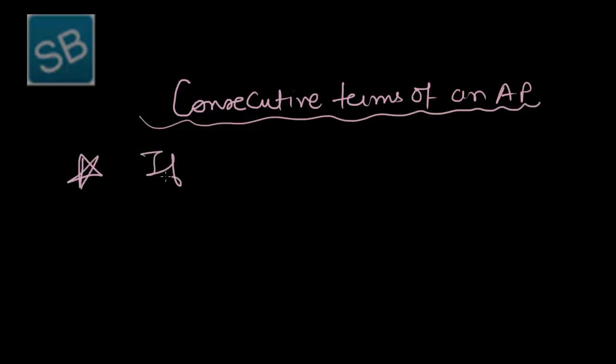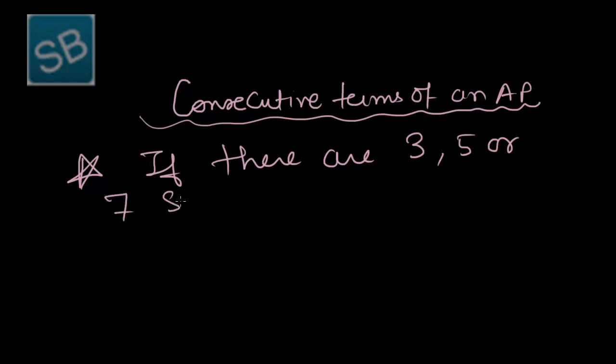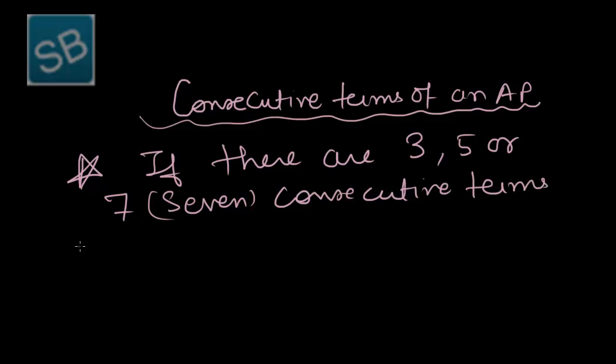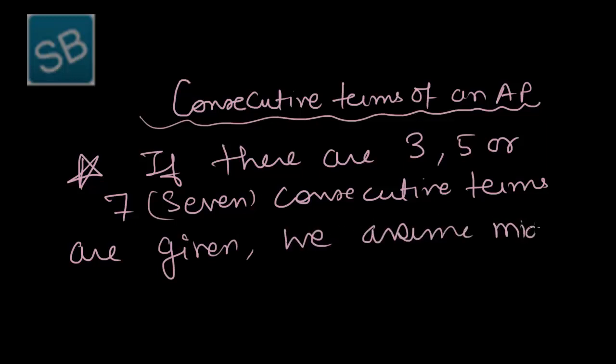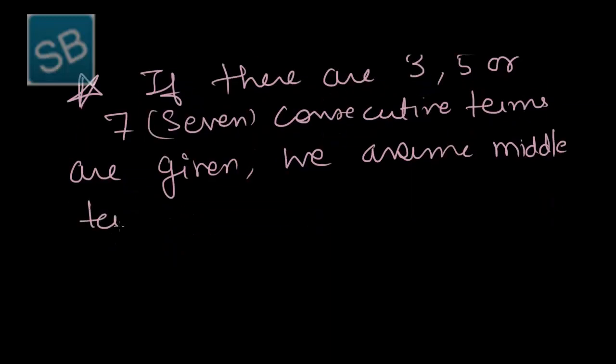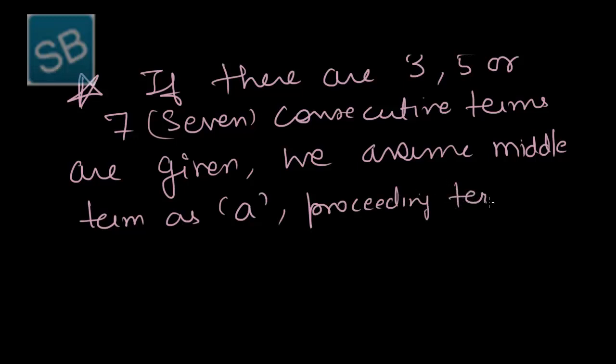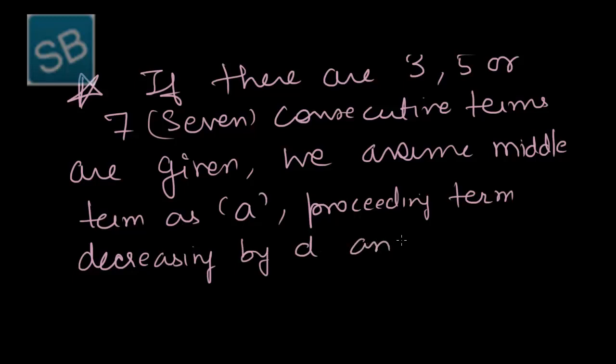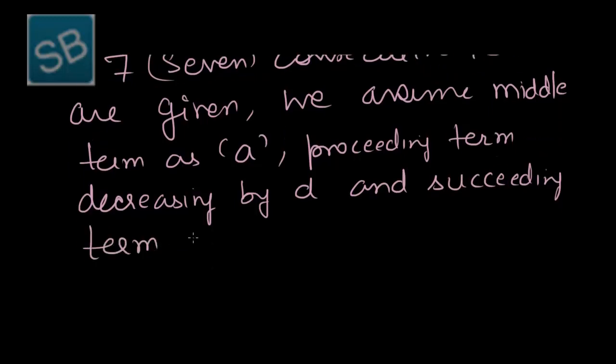If there are 3, 5 or 7, that is an odd number of consecutive terms given, we assume the middle term as A, the preceding terms decreased by D and the succeeding terms increased by D.